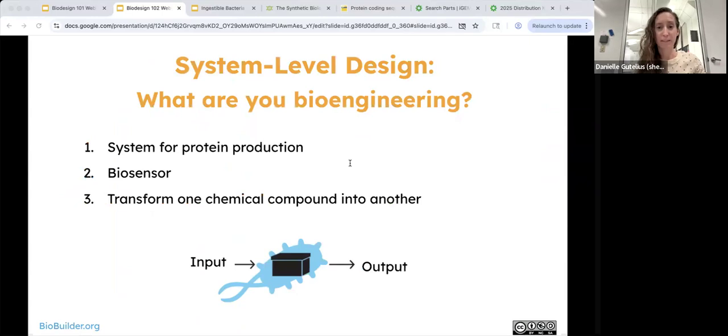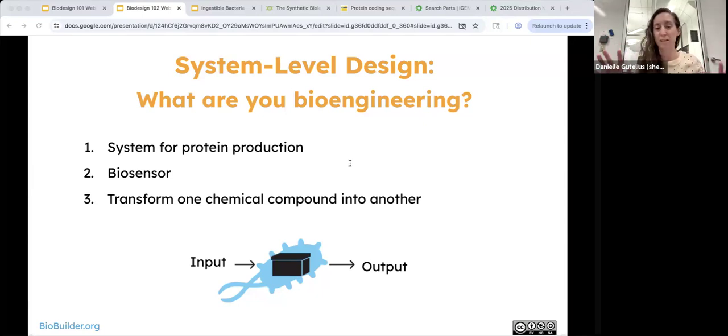So for system level design, a lot of decisions are being made at this stage, but you can be super vague still. So think of system level design as just like a one sentence description of what you want to achieve with your system, just super basic level. So it could be a sentence like, we want to engineer blank to do or produce blank in response to blank.